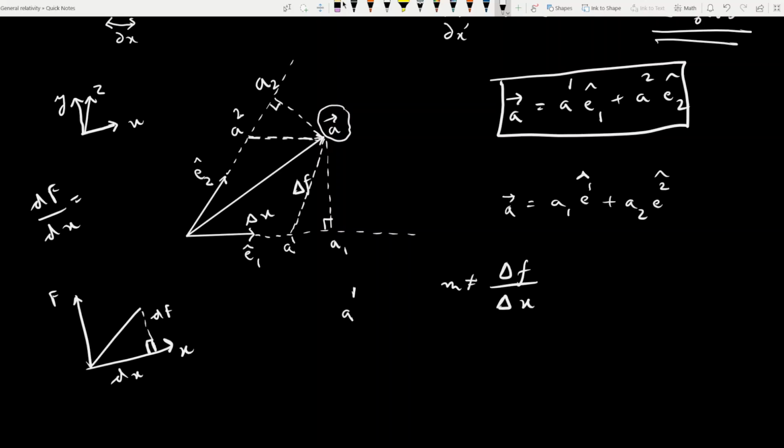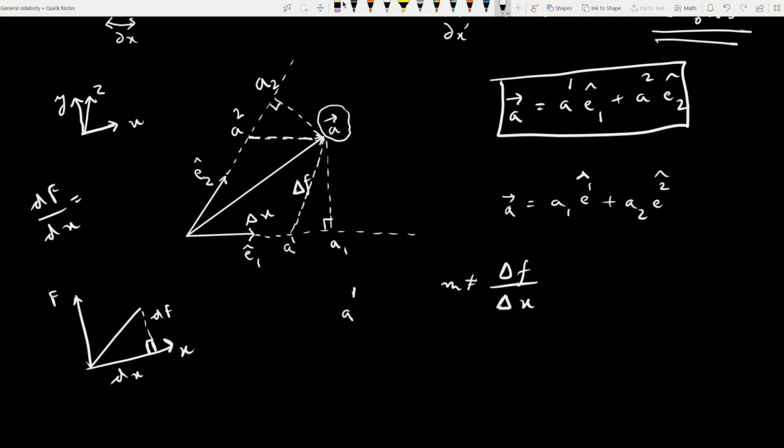So if we have to denote a vector A that is a gradient vector, it would definitely be this vertical component divided by this horizontal component, right?